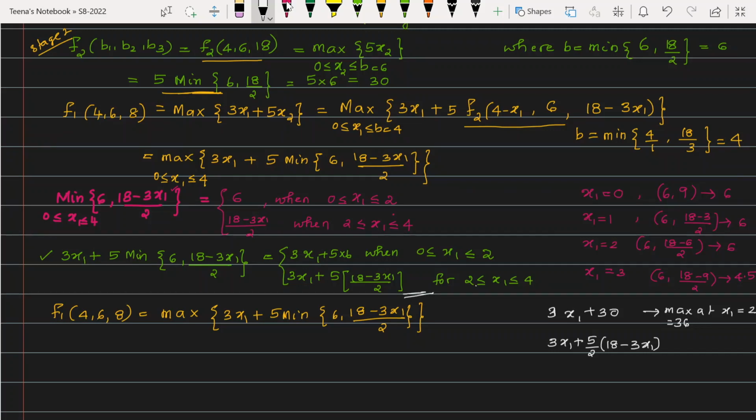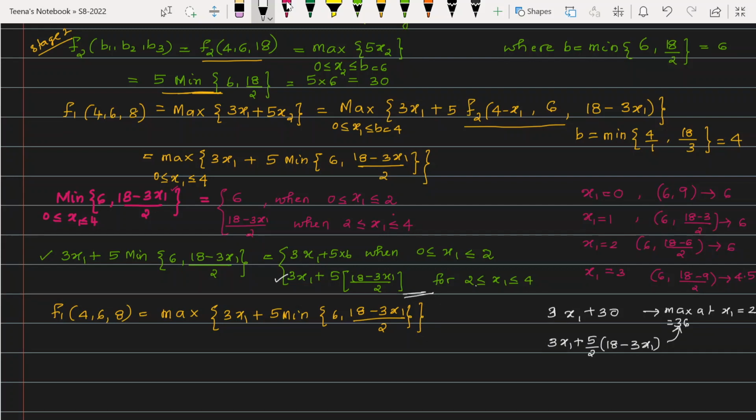And since x1 is subtracted in the second part of the function, the second part will also attain its maximum when x1 equal to 2, because we will have minus 15 by 2 as the coefficient of x1, and hence as x1 increases, the value decreases. So obviously the maximum of the second part of the function is also 36.